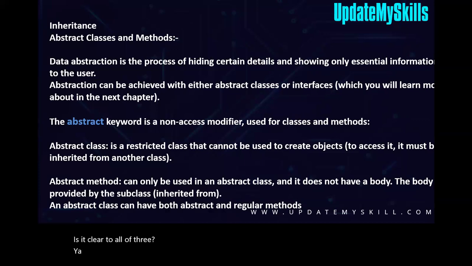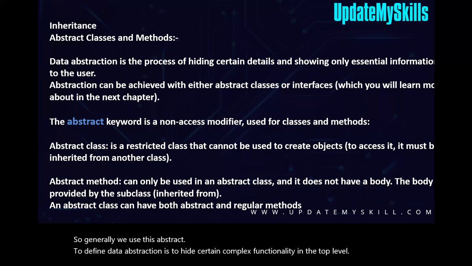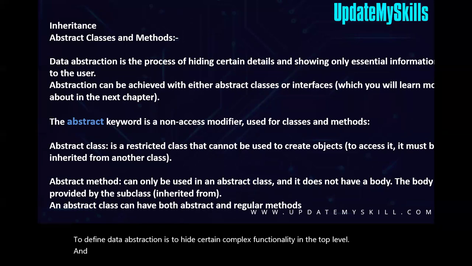So there are abstract classes. Generally we use abstract to define data abstraction, which is to hide certain complex functionality at the top level and let the bottom level subclasses write the implementation of it.